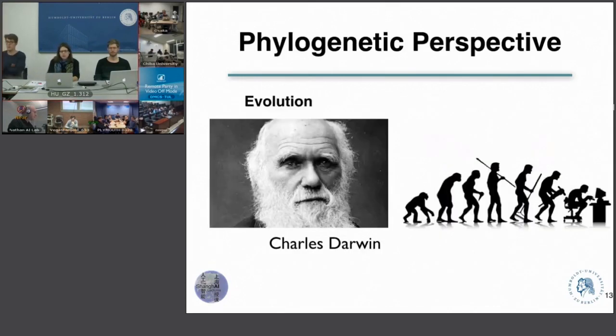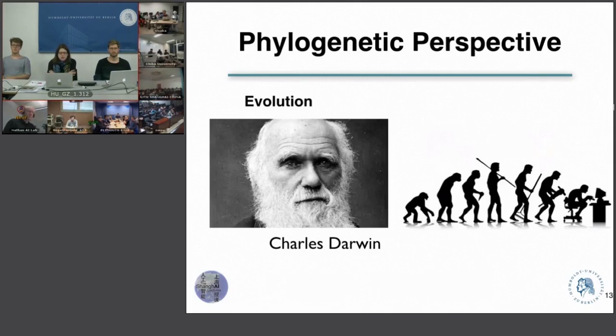One famous person you have probably all heard of in that context is Charles Darwin, and he invented evolutionary theory: that all life on Earth was basically shaped by evolutionary processes, and today we know that all species of life have descended over time from common ancestors.